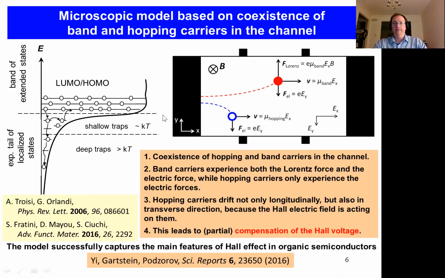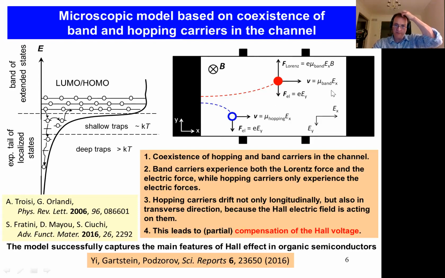And so you would have both types of carriers in your system. You would have carriers that exist in the band that are moving as band-like, at least for a fraction of their lifetime. And also you would have hopping carriers that are moving within the tail, within these localized states.